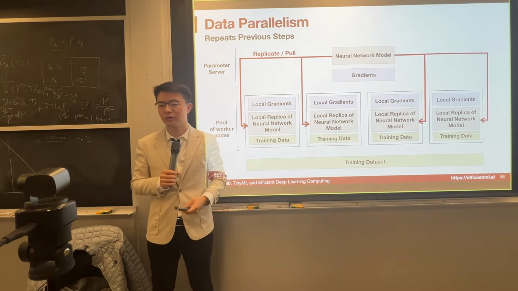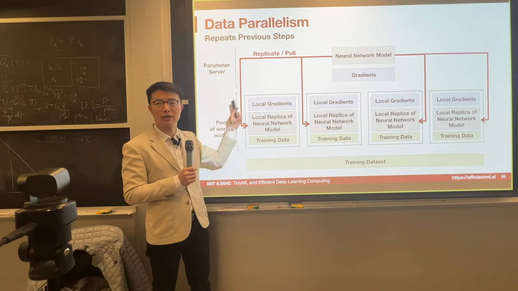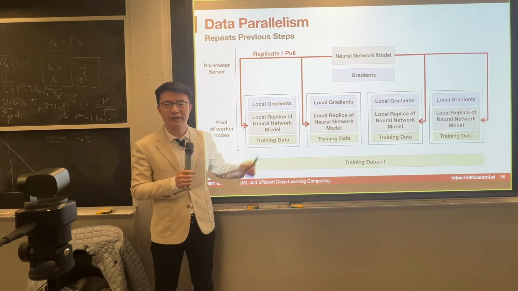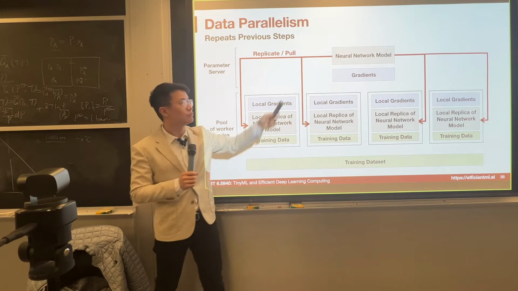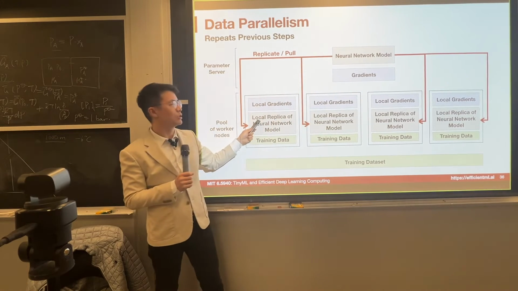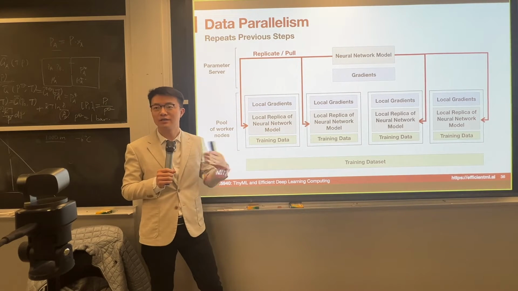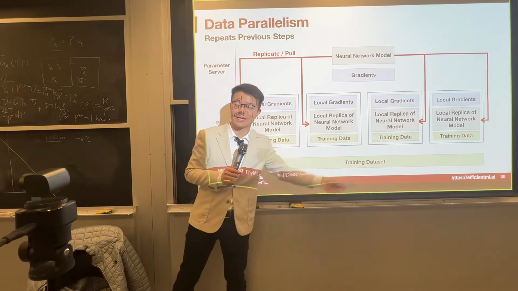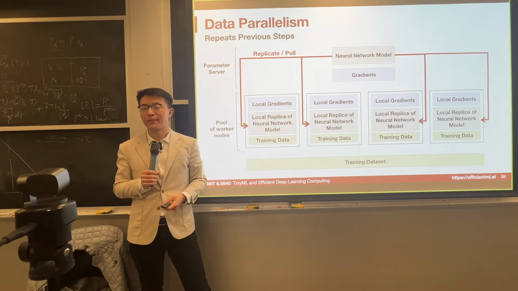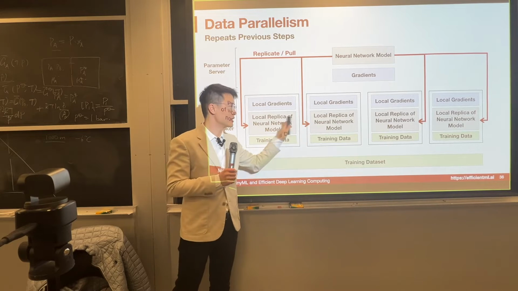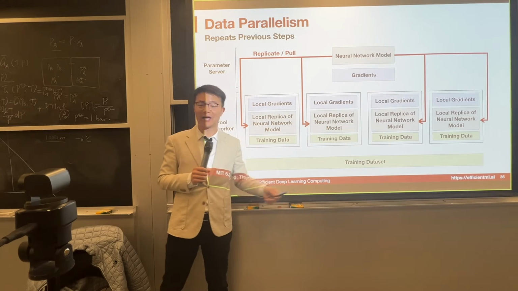After the model update, it repeats the process, with each worker pulling the updated weights from the parameter server into its local replica of the neural network model so that they stay synchronized. Everyone has exactly the same copy. So that's basically how data parallelism works. They have the same model, but they have different data.